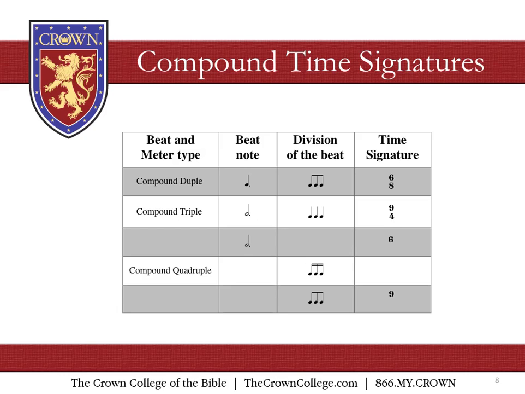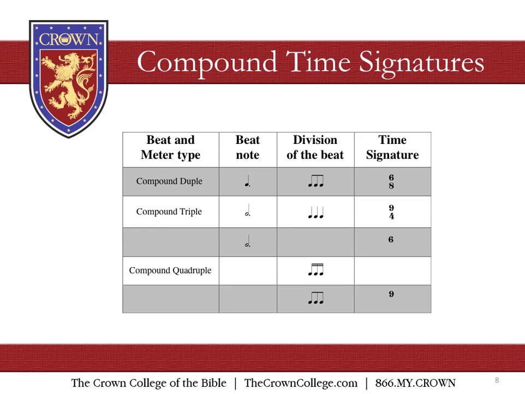How about the next one? We're given the beat note, a dotted half note, and we're given the top number of our time signature. Well, this top number tells us some things. It tells us that it's compound because 6 is divisible by 3. And when we divide 6 by 3, we get the answer 2. 2 tells us that it is duple.